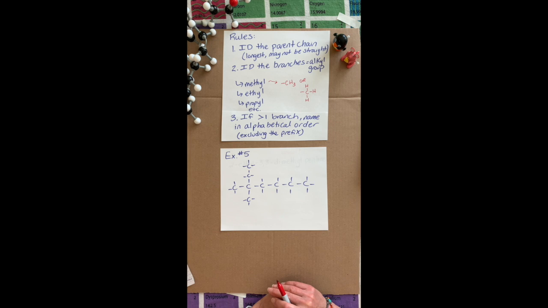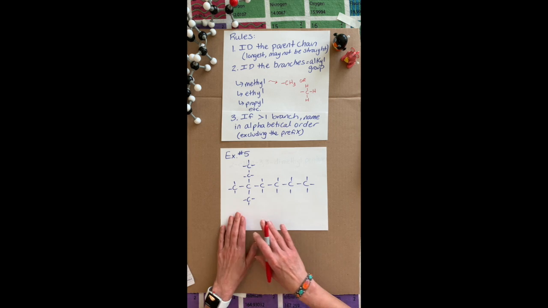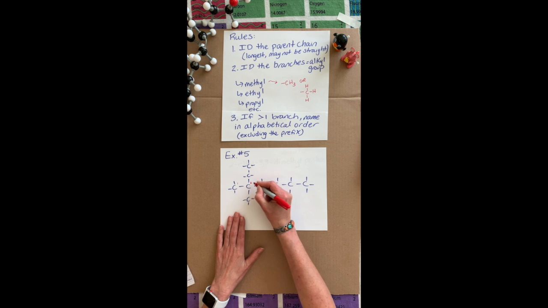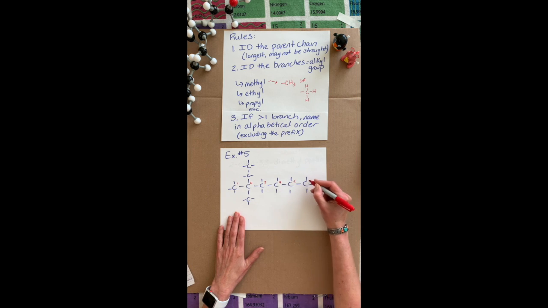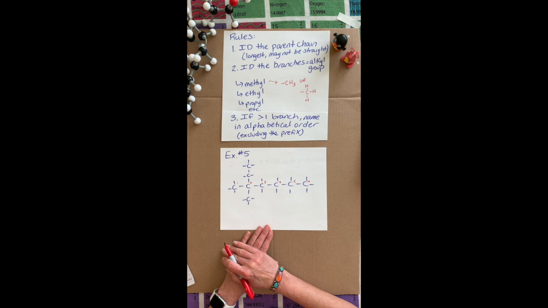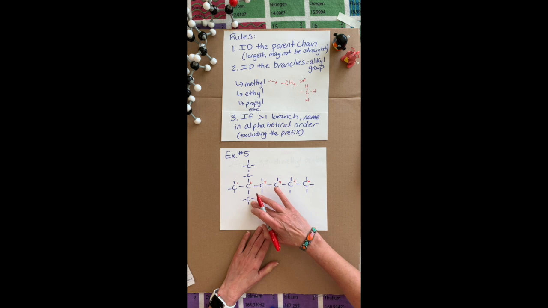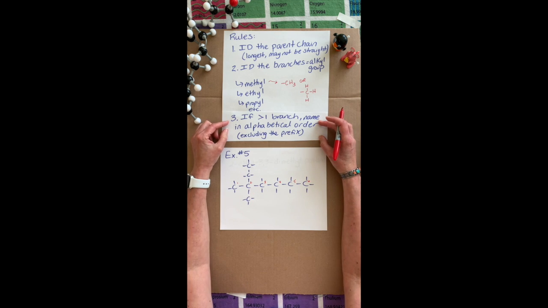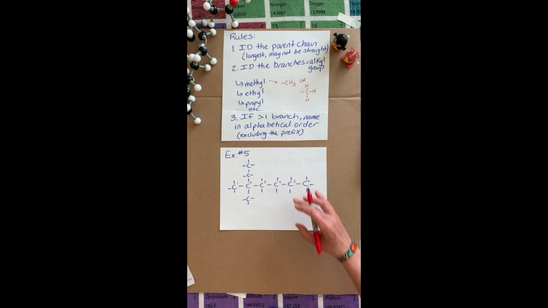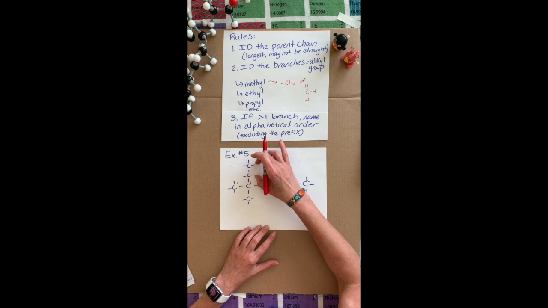All right, this one's going to be a lot of fun. All right, so here we go. First of all, we have 1, 2, 3, 4, 5. We have a parent compound that is hexane. We have 2 groups coming off of here. So this is where our 3rd rule will apply. If there's more than 1 branch coming off of that parent chain, we're going to name them in alphabetical order. Well, this is ethyl, and this is methyl. So ethyl is going to be named first.